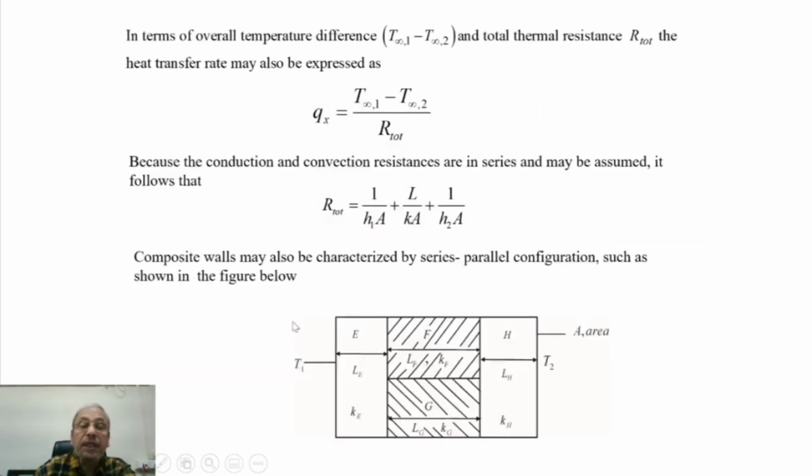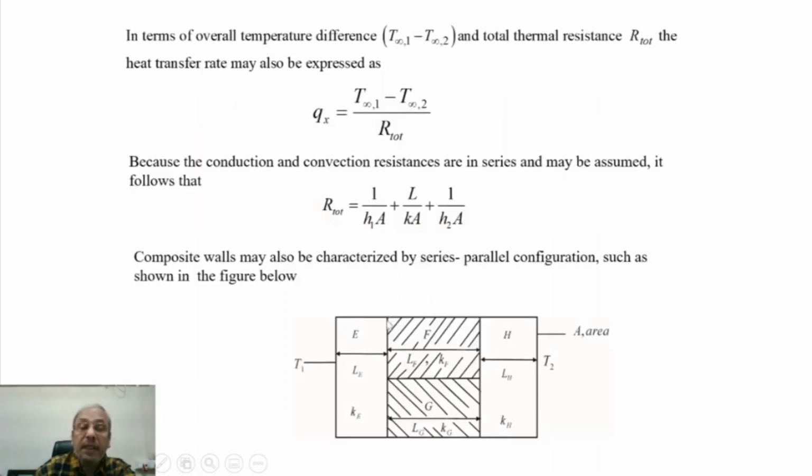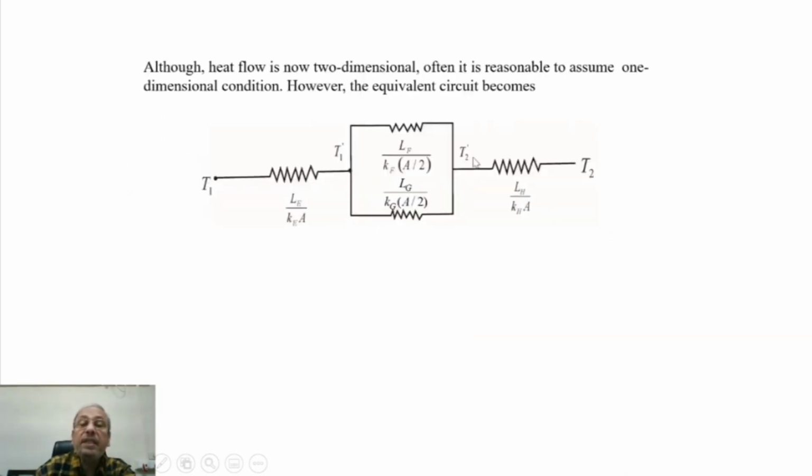The first resistance is this resistance, given by LE divided by KE into A, and say this surface is at a temperature T1 prime and this is at a temperature T2 prime. Then the resistances between them are in parallel.